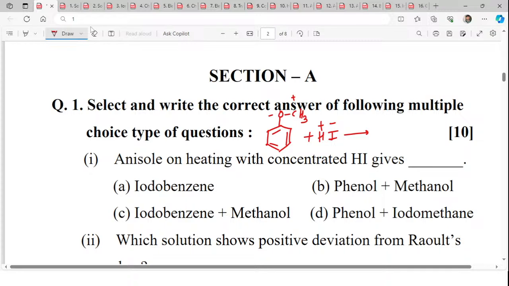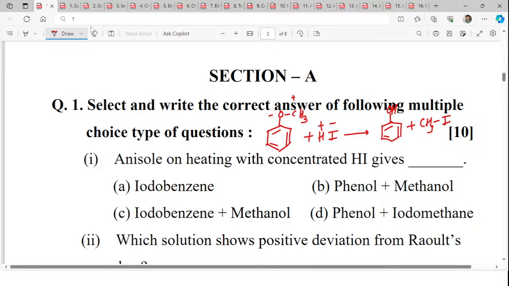The opposite ions attach to each other, so the reaction gives phenol plus CH3I, methyl iodide.